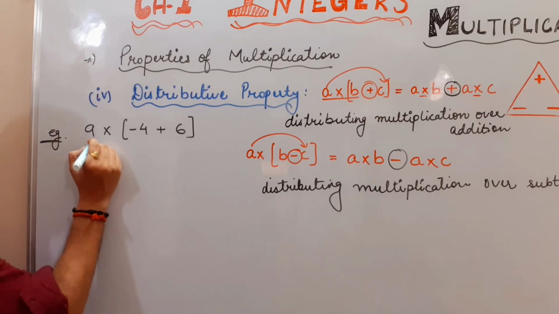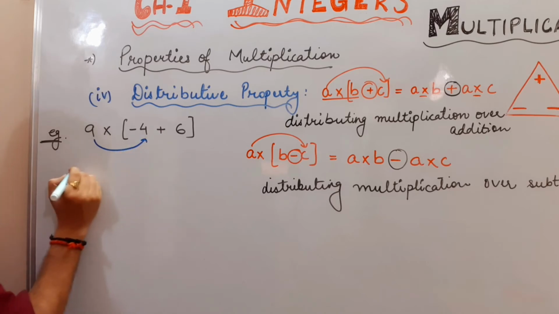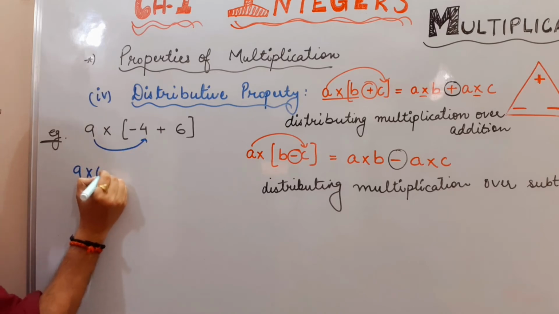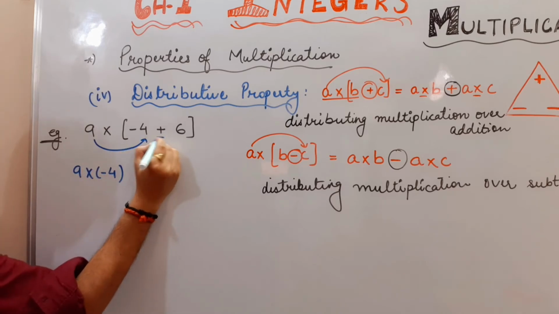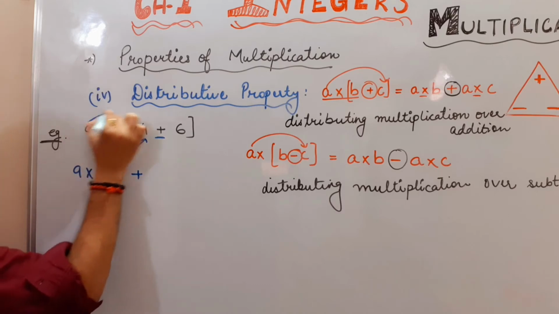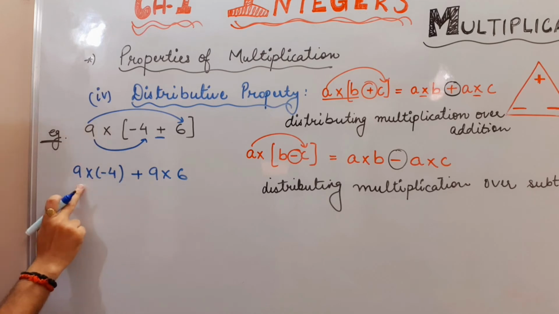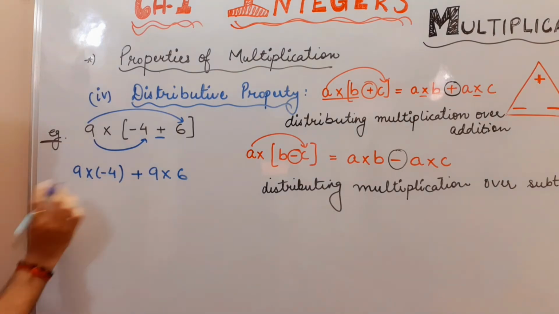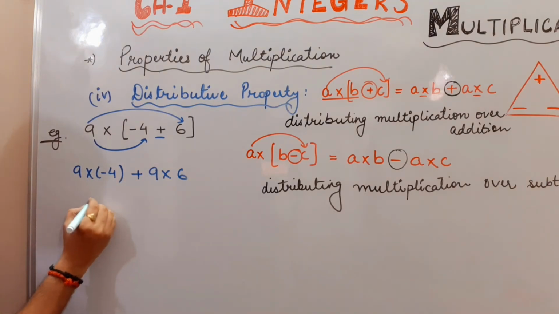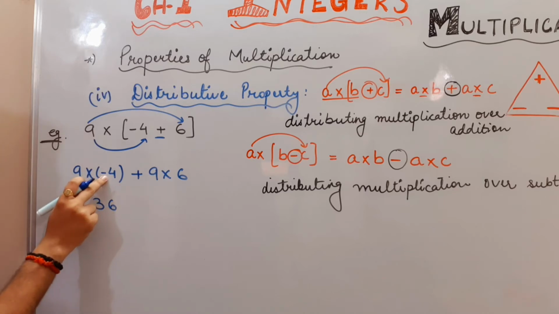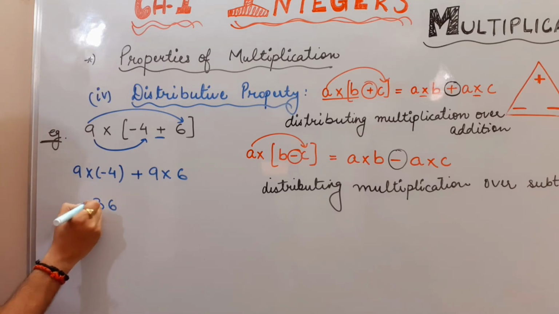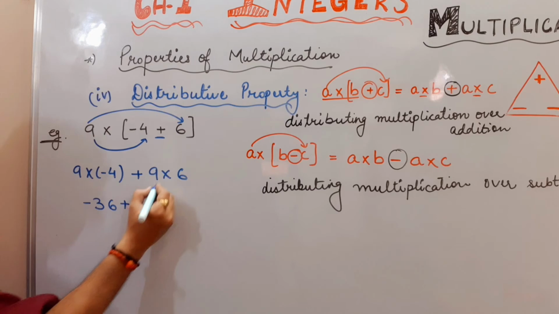It will become 9 into minus 4. What is the symbol here? Plus. Then 9 into 6, because this is distribution over addition. Then 9 fours are 36. And because this is minus, I can write it as minus 36. Plus 9 6 are 54.